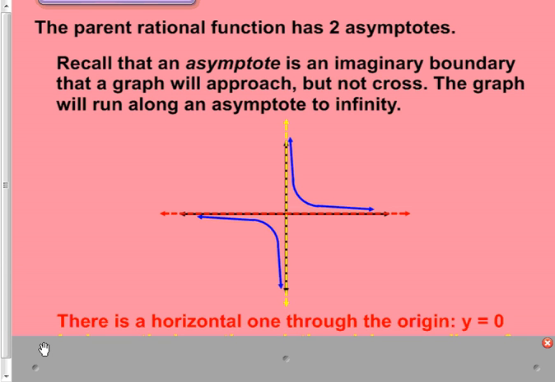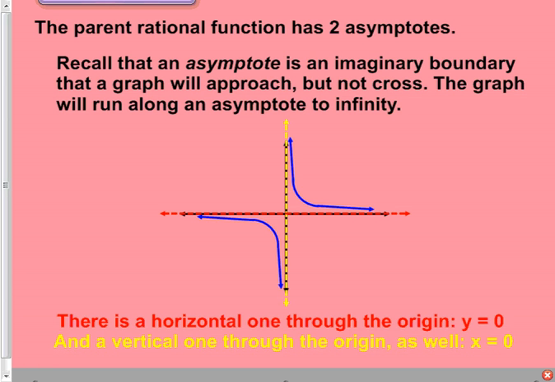And remember that a horizontal line has an equation that reads y equals, and then you need a number that says where it crosses the y-axis, which in this case is 0, passes through the origin. And also, you have a vertical asymptote that also passes through the origin. And of course, vertical lines have an equation that reads x equals, and we need the number that tells us where it crosses the x-axis. And again, that is at the origin, x equals 0.